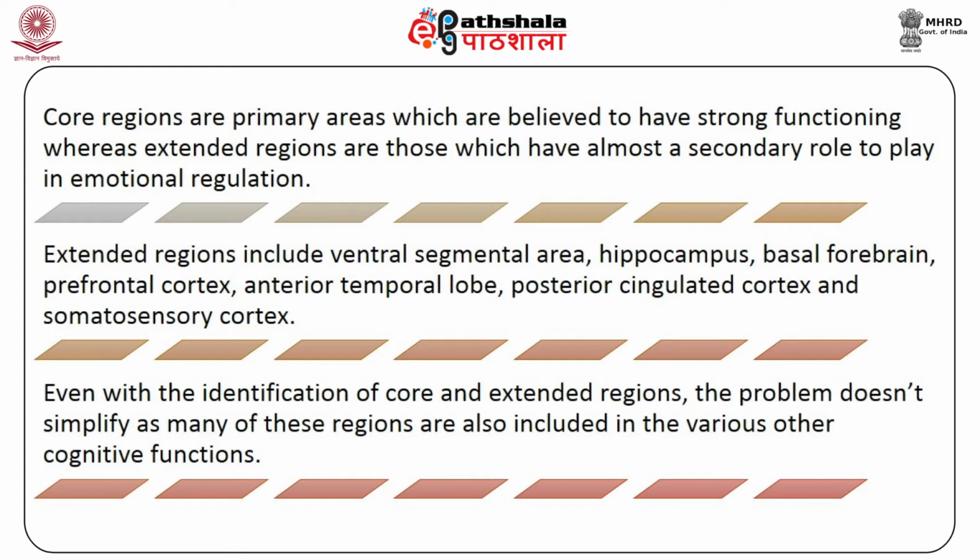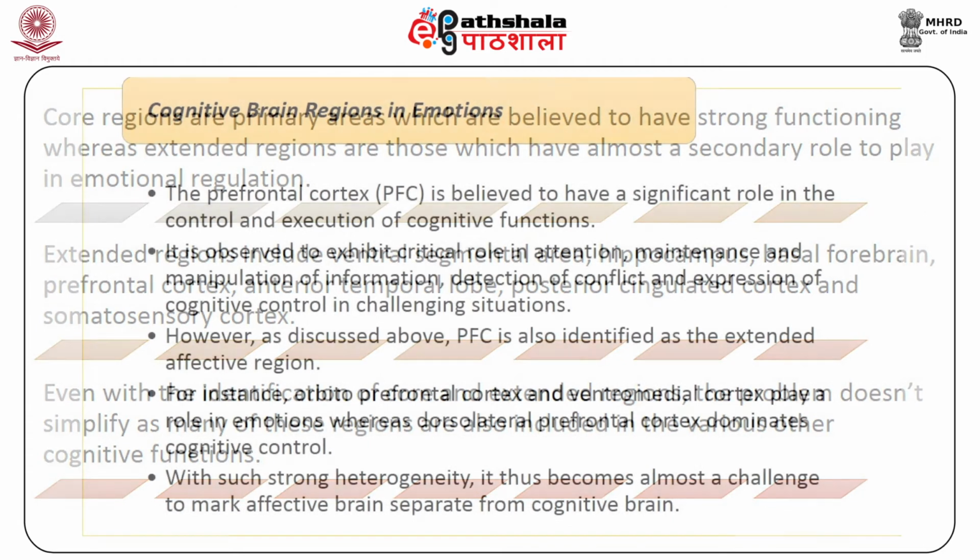Extended regions include the ventral tegmental area, hippocampus, basal forebrain, prefrontal cortex, anterior temporal lobe, posterior cingulate cortex, and somatosensory cortex. Even with the identification of core and extended regions, the problem doesn't simplify, as many of these regions are also included in various other cognitive functions.